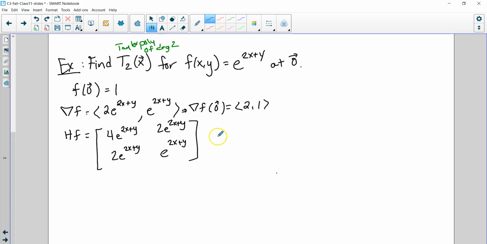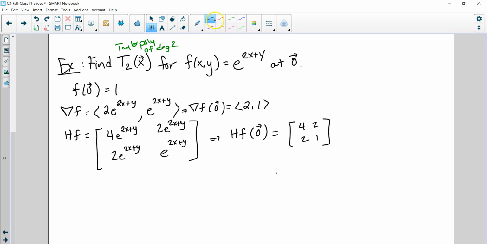Okay, and then when I make the Hessian of f at the 0 vector, what I end up getting is just 4, 2, 2, 1. And so now I have all the pieces that I'm going to need.